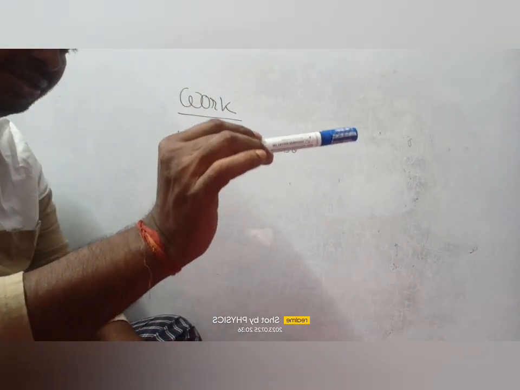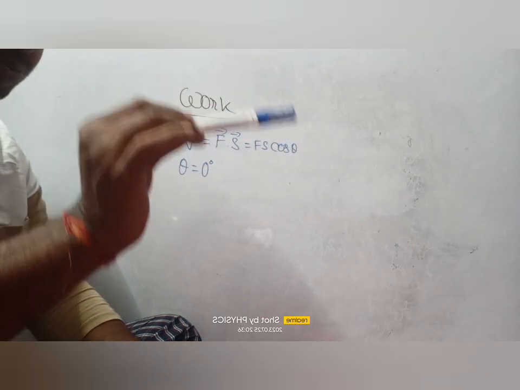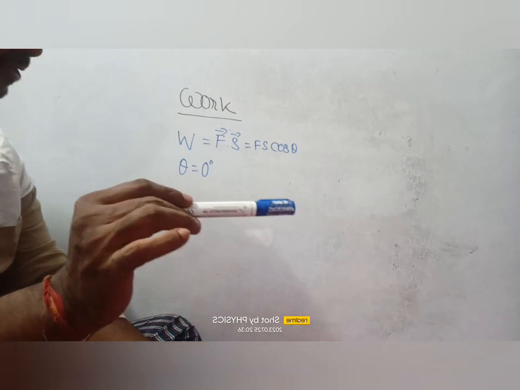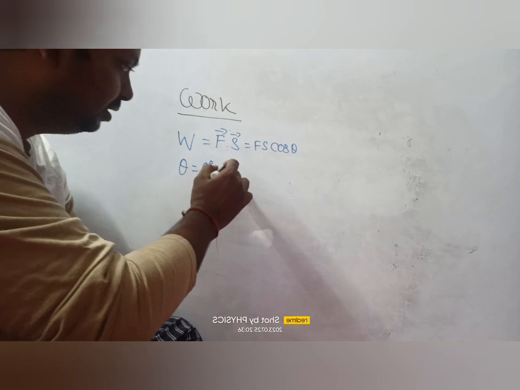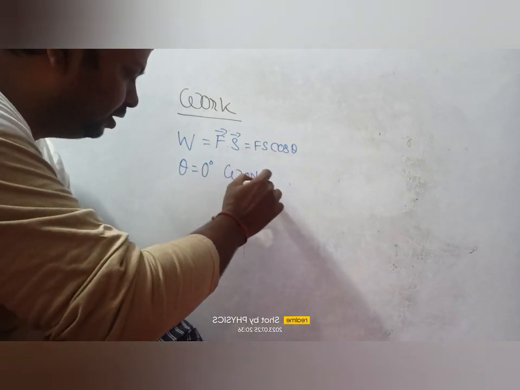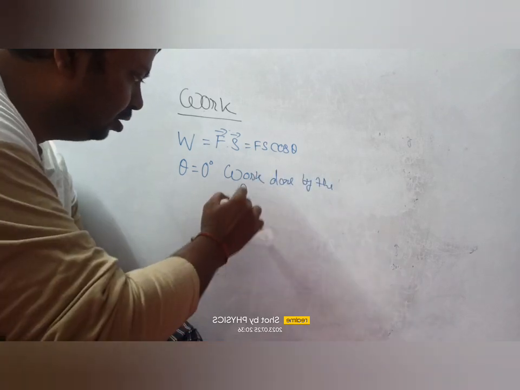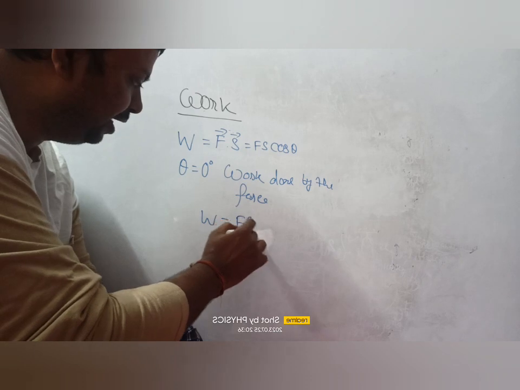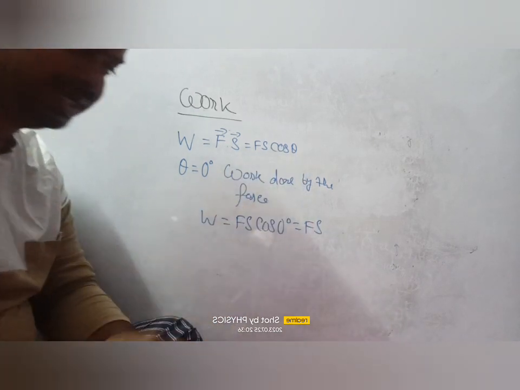An object falling under the influence of the gravitational force in the downward direction, that is the direction in which the gravitational force works, that work done is called the work done by the force. So W is equal to F S cos 0 degree, that is equal to F into S.